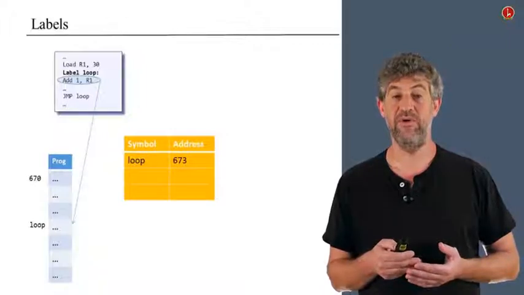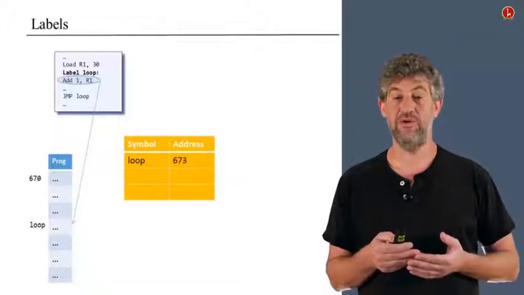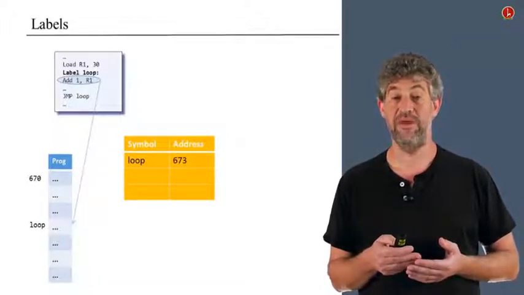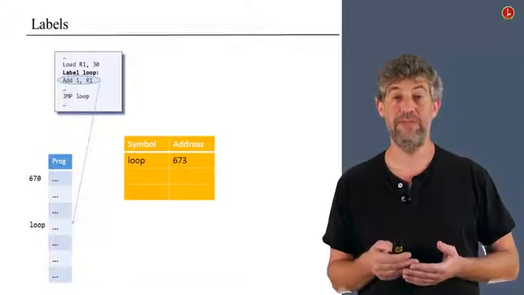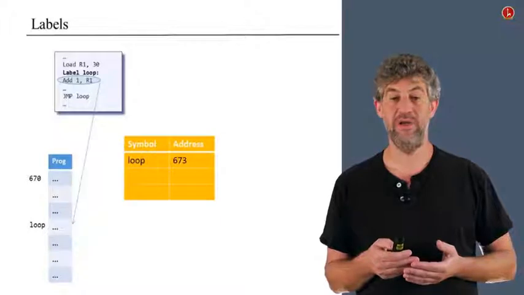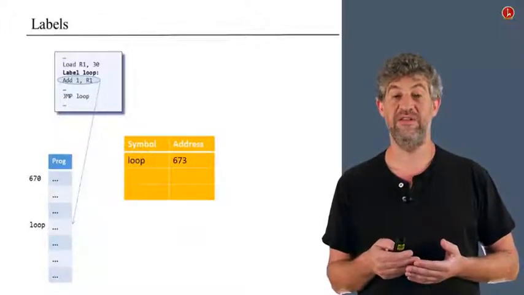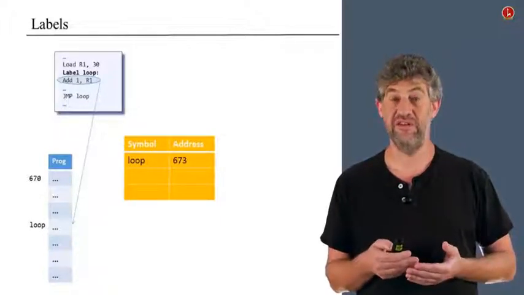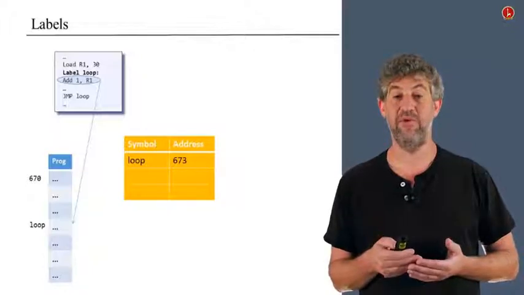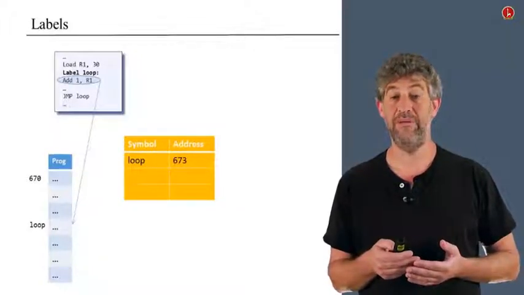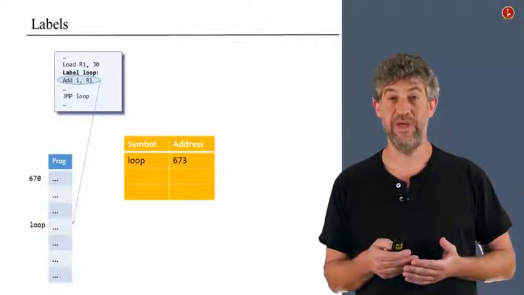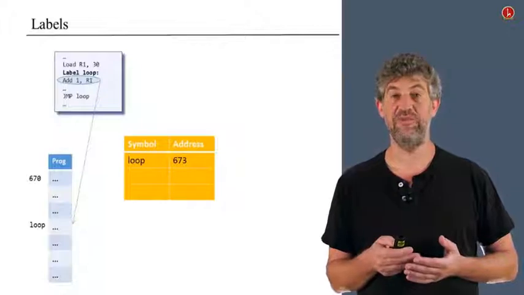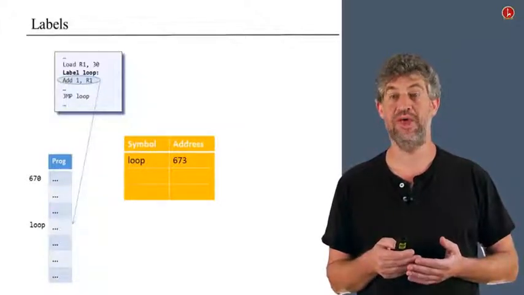So, for example, if this current piece of program is being allocated, being written into memory locations 671, 672, 673, and so on of the program memory, when we see this label, our assembler will have to remember, the next command is at 673, so I need to remember that loop from now on always refers to location 673.